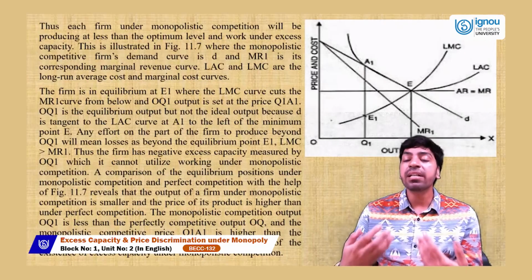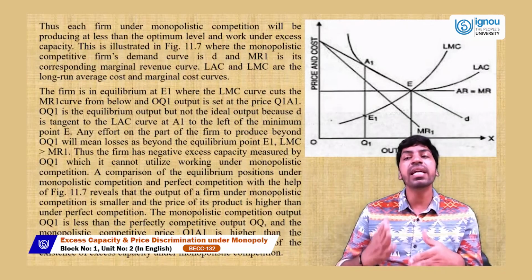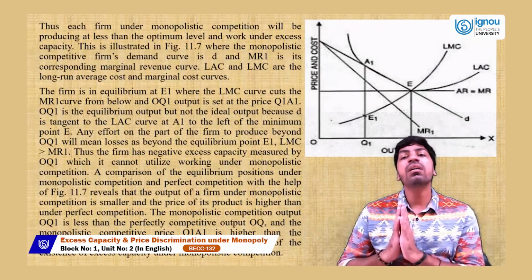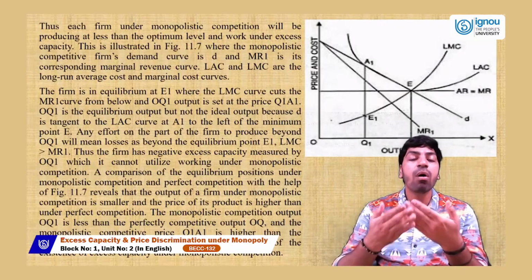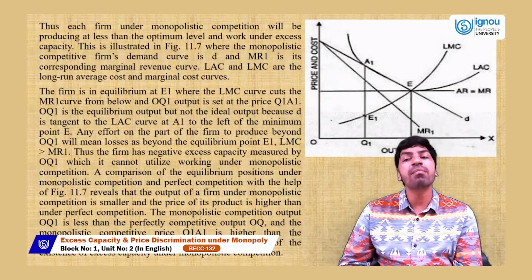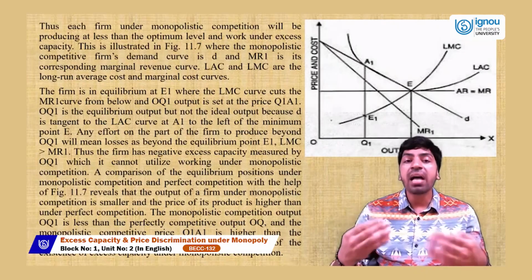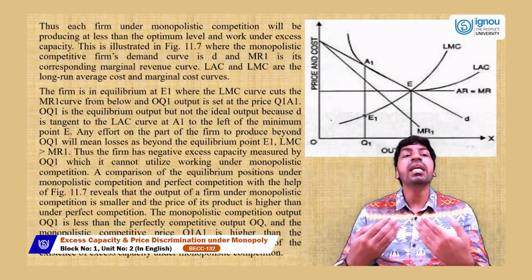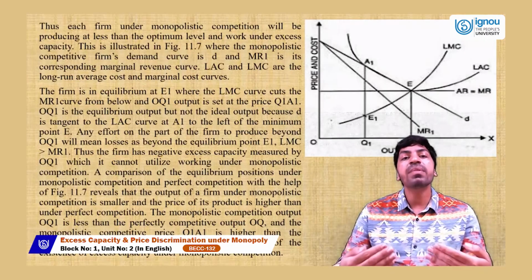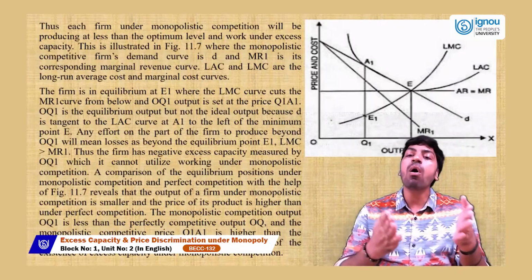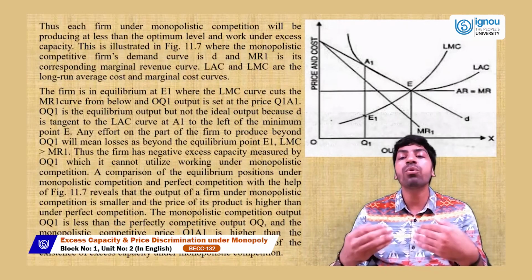The ideal output is that output where the long run marginal cost curve intersects the average revenue curve and the demand curve, and that point where demand, average revenue and long run marginal cost intersect is called the equilibrium point. So the ideal and optimum level of output is OQ.